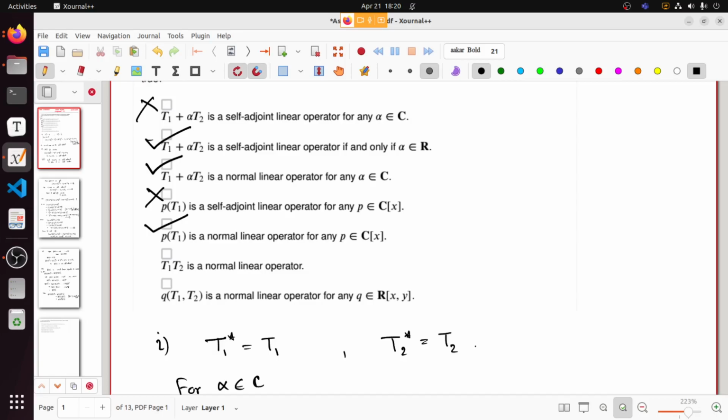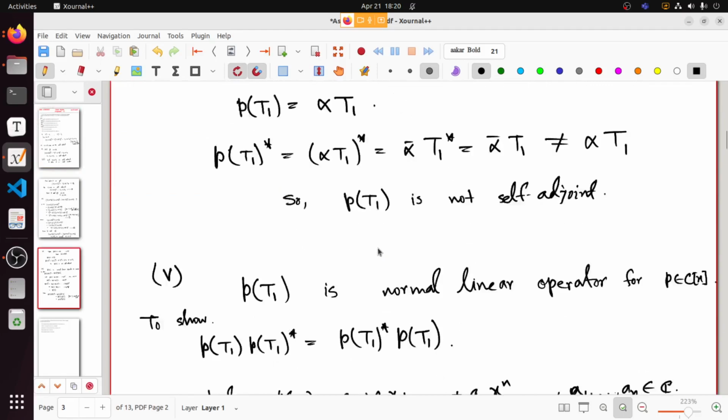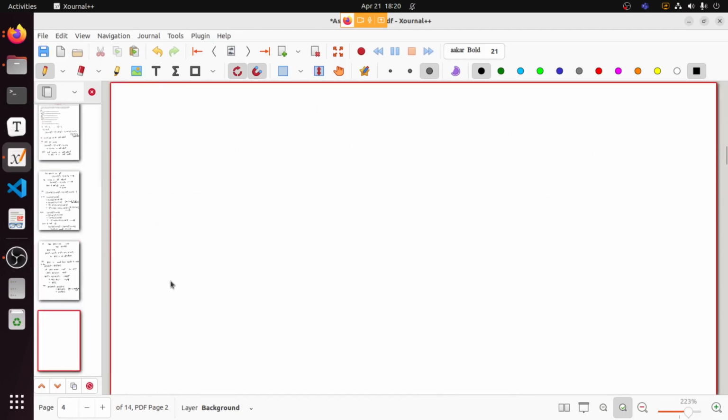T1 T2 is a normal linear operator. So let's check whether T1 T2 is a normal linear operator or not. So this is option number 6. T1 T2 times (T1 T2) star, right?